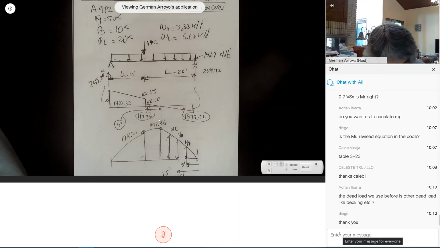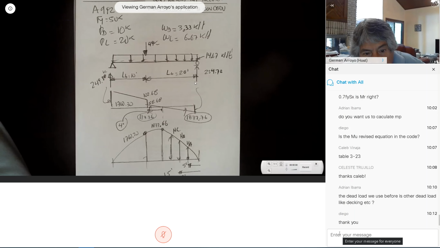So this area, 117.30, because both of them are positive, this plus this area give me the maximum moment, 1877.6. And after that, if I subtract this, give me 0. The brace length is 20 in here.